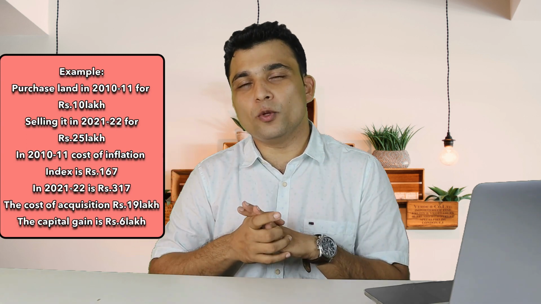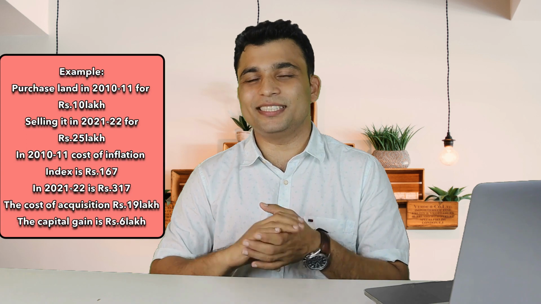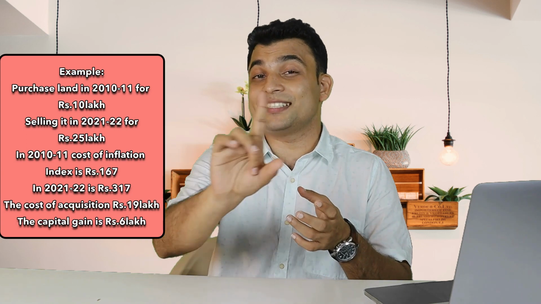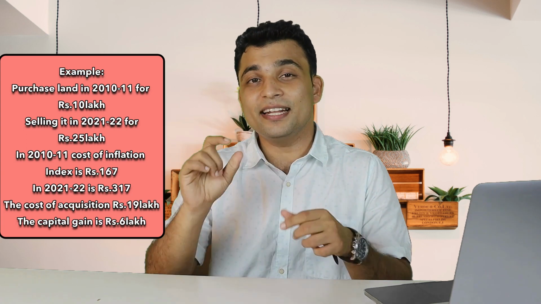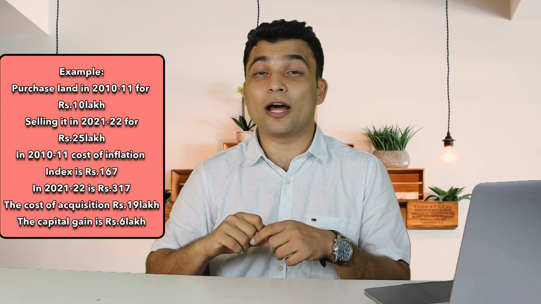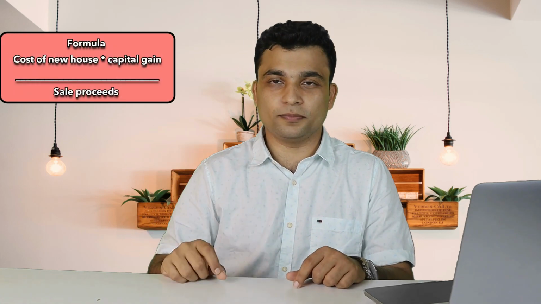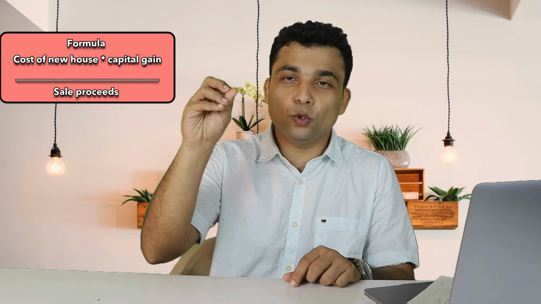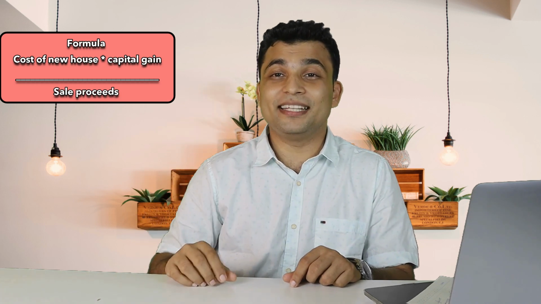Now in case you invest only a part of your sale proceeds, say rupees 15 lakhs, and not the entire sale proceeds of 25 lakhs, then exemption is allowed only to the extent, or proportionately. So here is the formula that you need to compute. The exemption is the cost of the new house into capital gains divided by the sale proceeds.